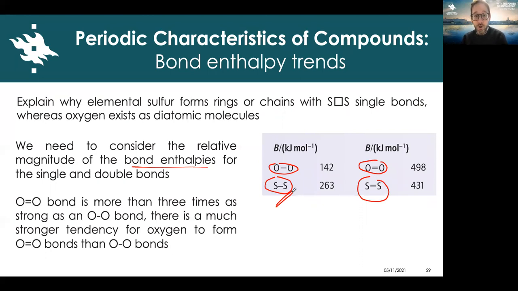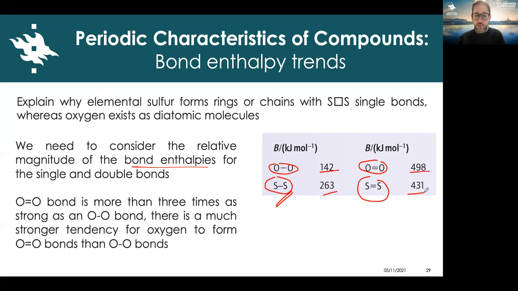So stronger bonds are formed here for the single bond for sulfur. And then when we compare a single bond with a double bond, the single bond will always be weaker than the double bond. So the double bond is always stronger relative to a single bond. This occurs both for sulfur and for oxygen.